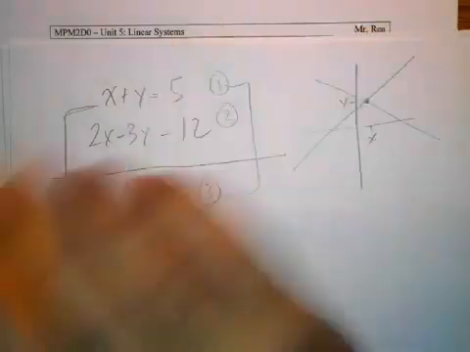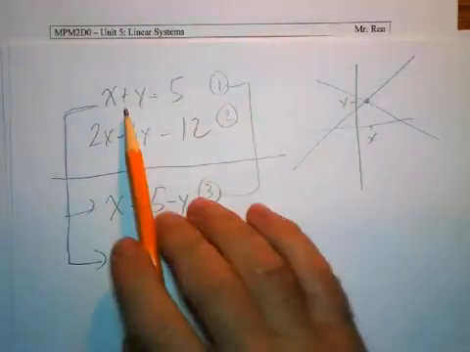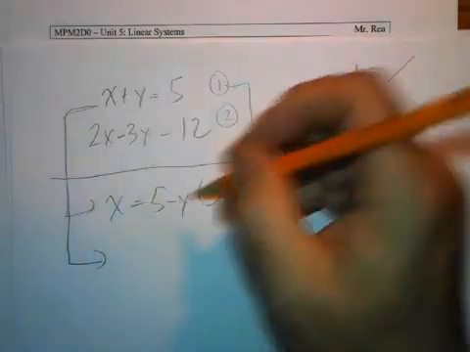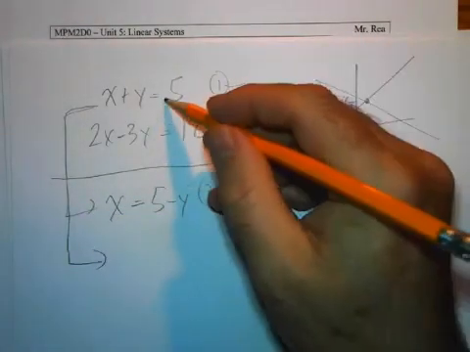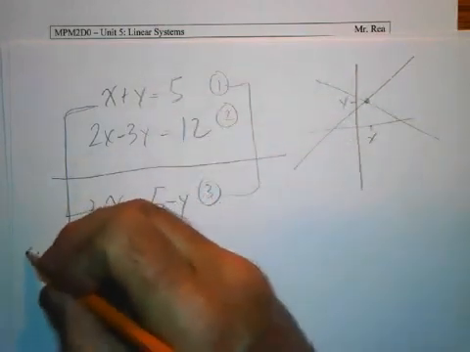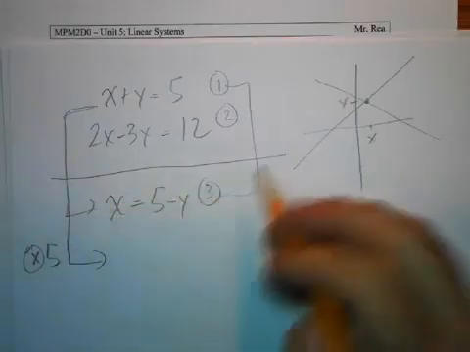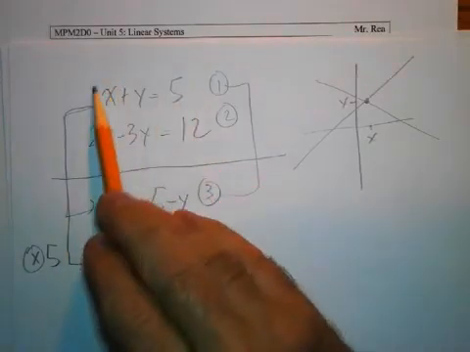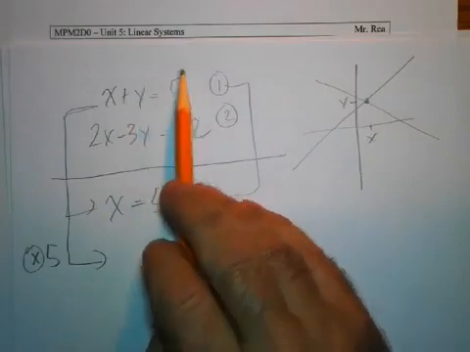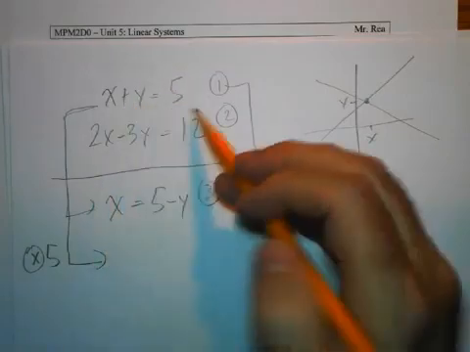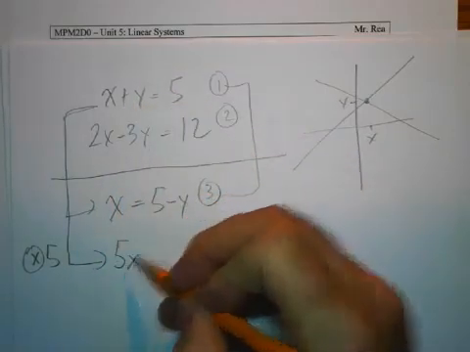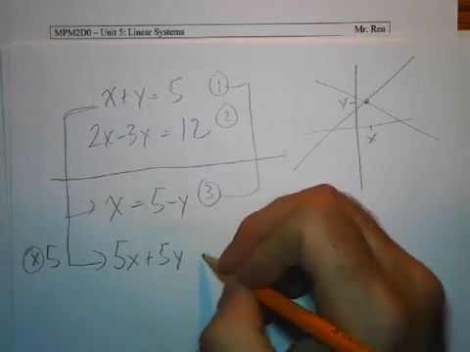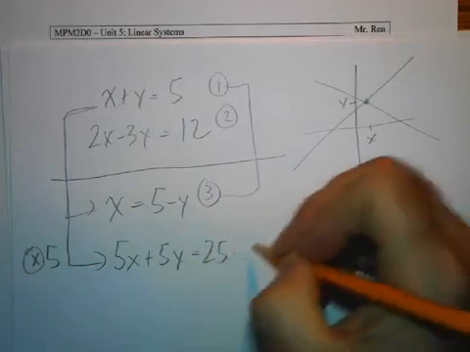But I can do more with this equation. Instead of just rearranging it, and I'm showing you this for today's lesson, I could actually take that equation and multiply it by 5. What does that mean when you multiply an equation by 5? It means I multiply this by 5, I multiply this by 5, I multiply this by 5. So I have a new equation where everything is 5 times bigger than before: 5x plus 5y equals 25.